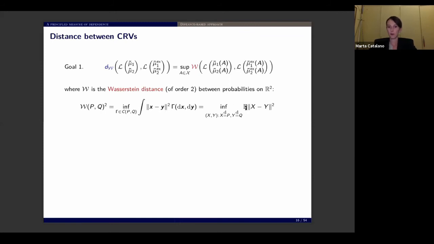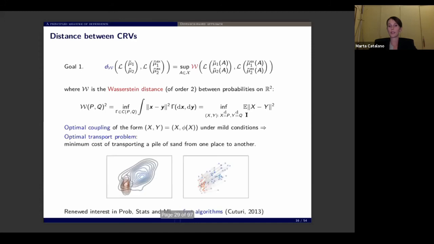Now, this infimum is usually a minimum under very mild conditions. And in particular, it also has a degenerate form of the type (X, phi(X)), where phi is a suitable measurable function, which is usually called the optimal coupling. And so one can interpret the Wasserstein distance as an optimal transport problem, and you can actually see it as the minimum cost of transporting a pile of sand from one place to the other.